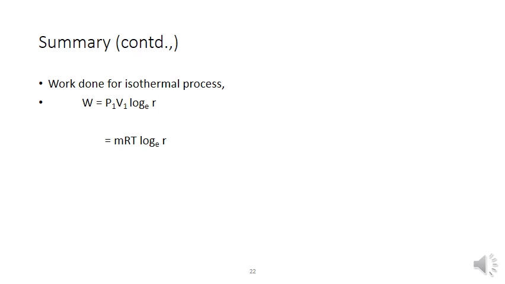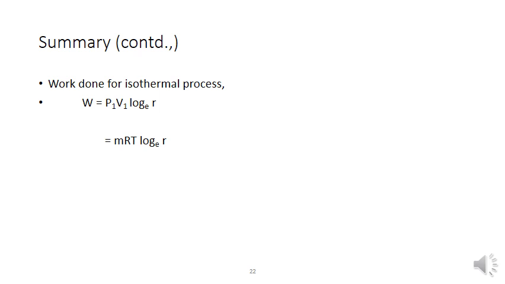Or in terms of the characteristic gas equation, work done is equal to mRT log e V2 by V1, or mRT log e P1 by P2. Here the temperature T1 equals T2 equals T.